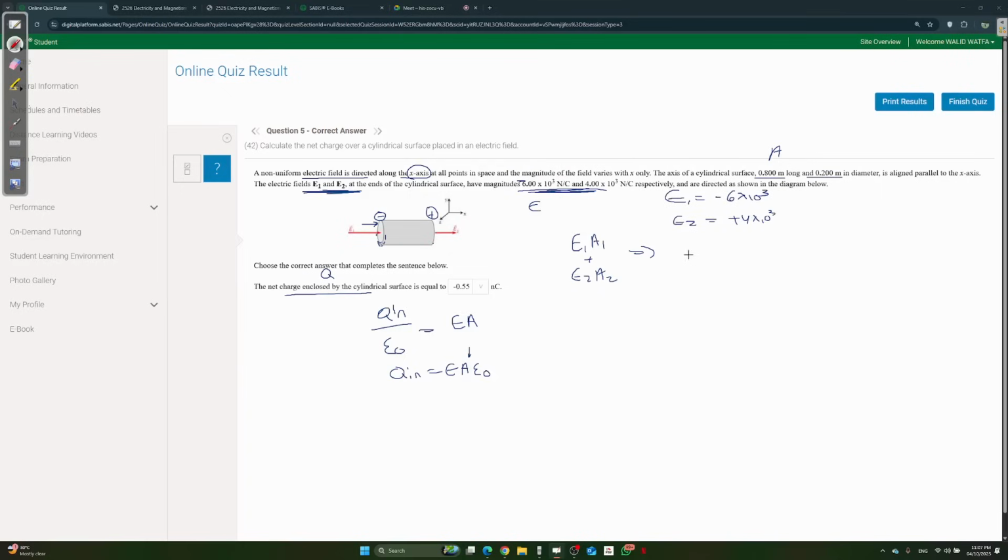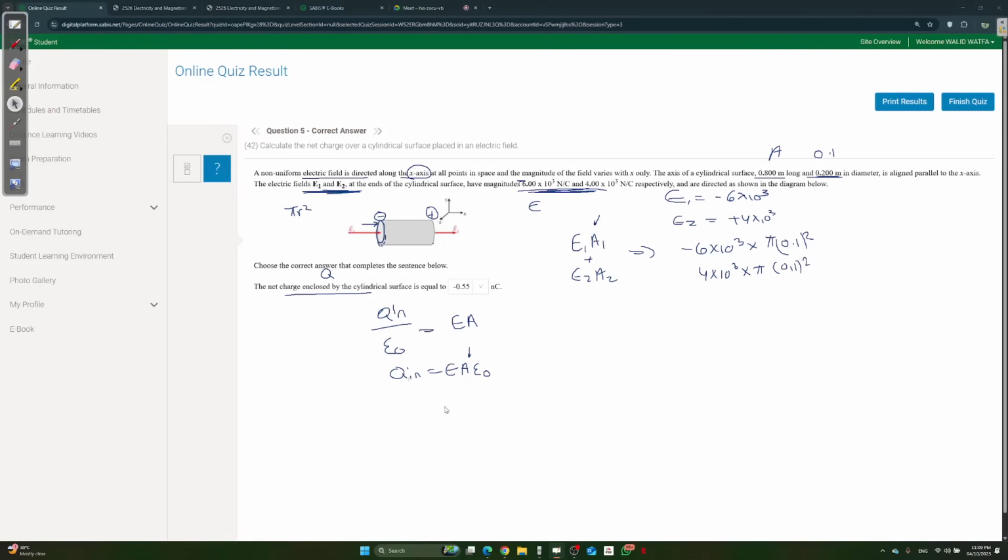So E1A1 simply will be negative 6 times 10 to the power of 3 times the area. The area through A1 is pi r squared. What's the radius? The radius is 0.1, and they gave me the diameter, so I divide by 2. Now E2A2 will be 4 times 10 to the 3 times pi times 0.1 squared.